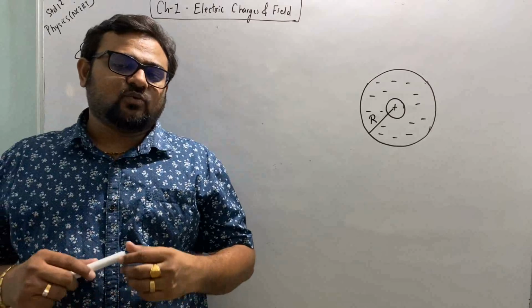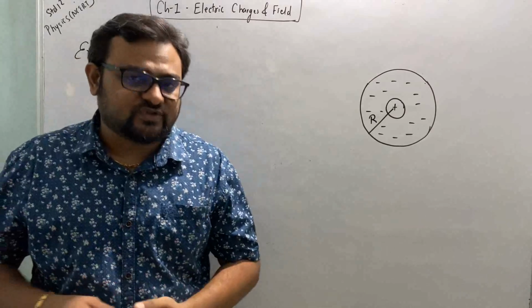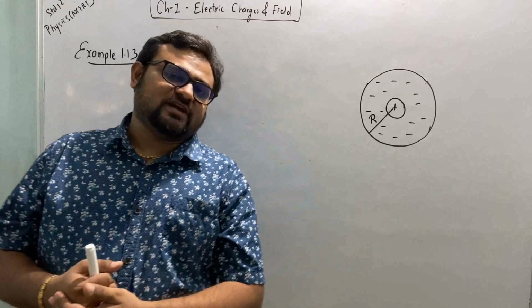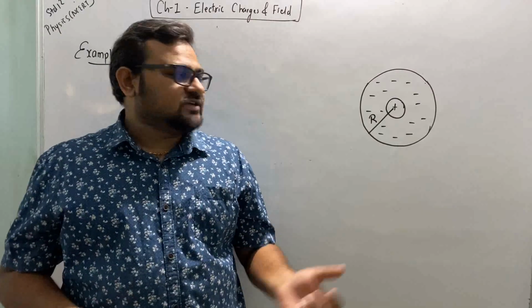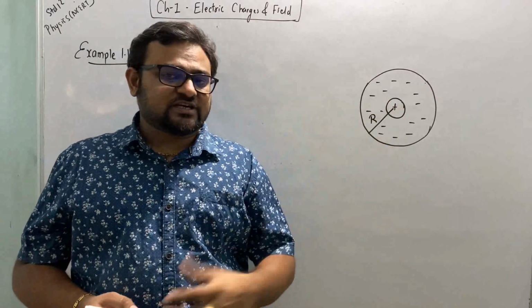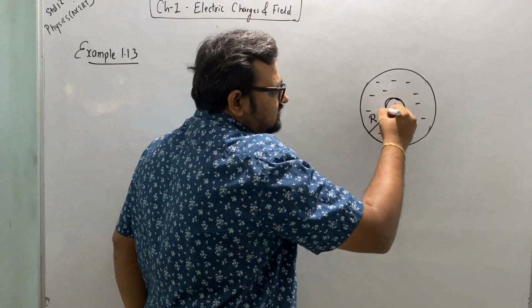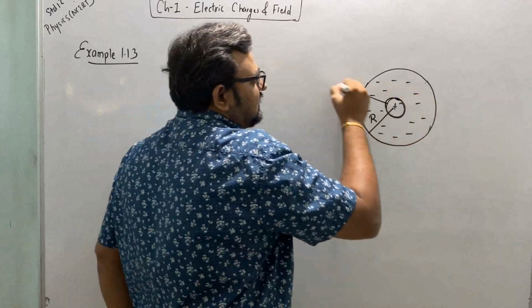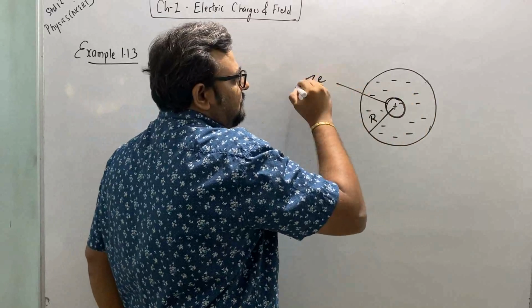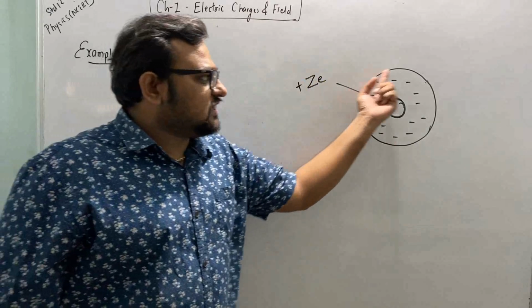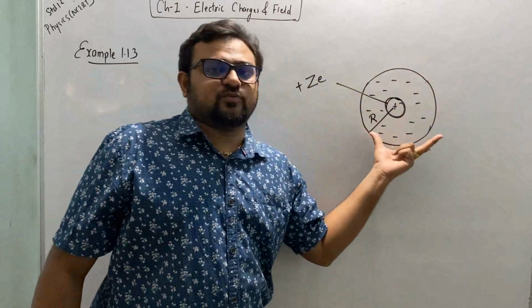Example 1.13 says that the earlier model of the atom says that the entire positive charge is in the nucleus, and the charge of the nucleus is Ze. So I am taking the charge of this nucleus as plus Ze.